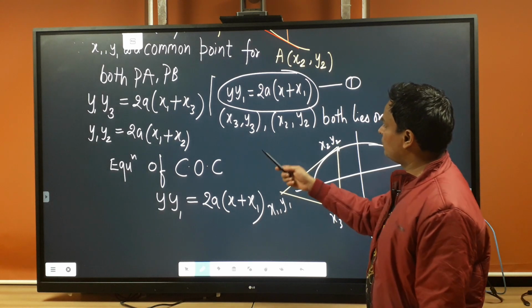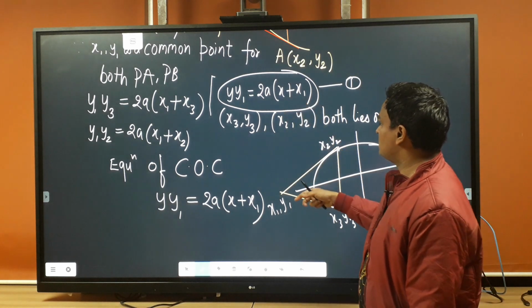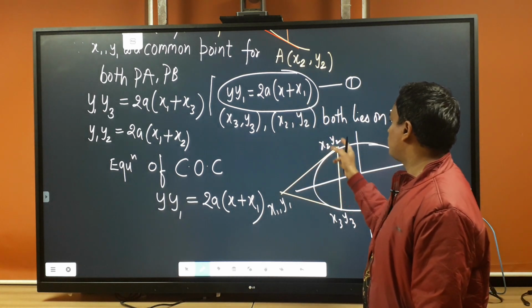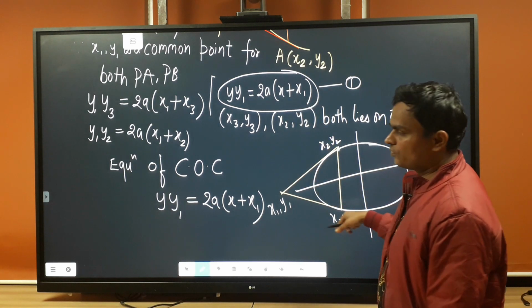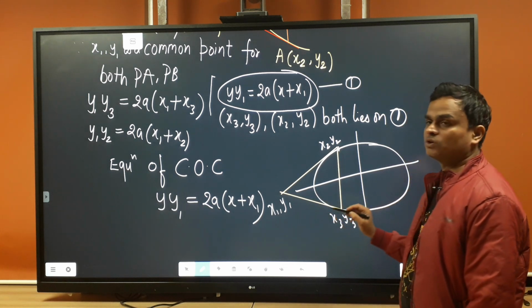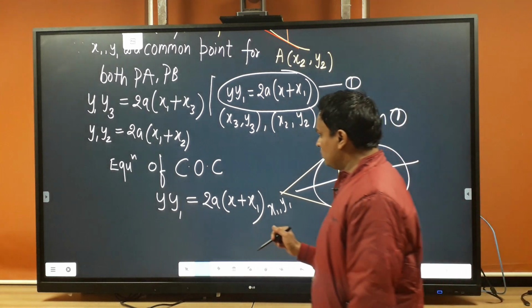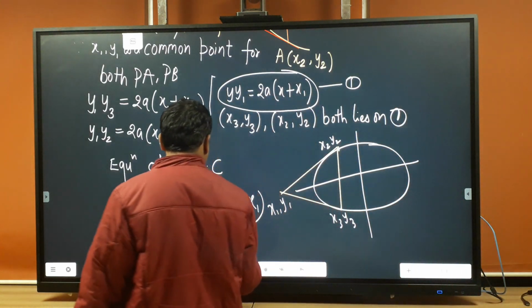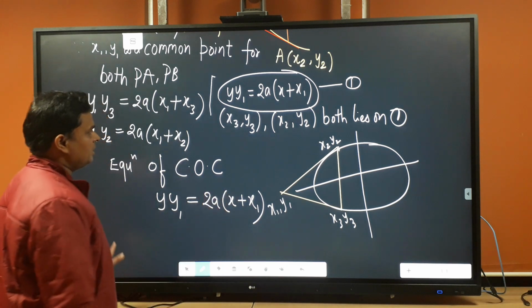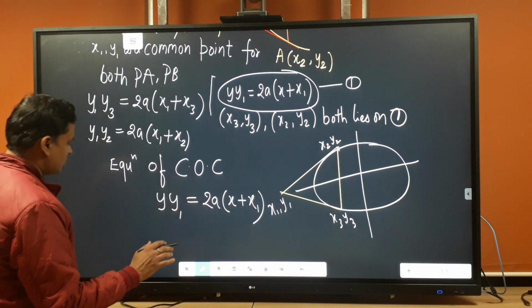Then we can extract the equation of a straight line satisfying both points, and we call it the chord of contact. This is intentionally left as an exercise for the students, so that you may practice it and understand it thoroughly. Similarly, you can derive the equation for a hyperbola.